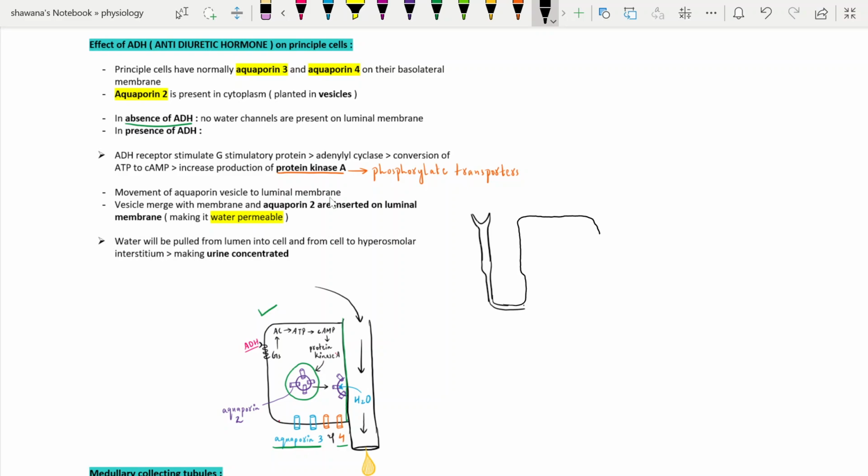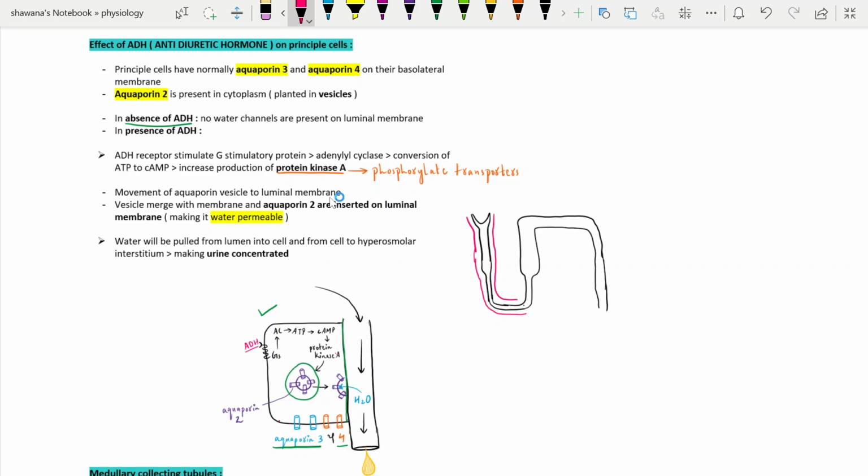So from the PCT and along the descending limb, this part is under all physiological circumstances permeable to water. It's very important to know that this area of the nephron, the proximal convoluted tubule, the thin descending limb, and some part of the loop of Henle, is permeable to water under all circumstances.